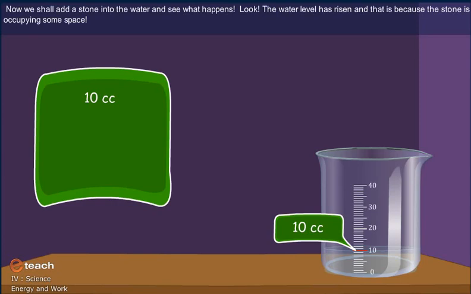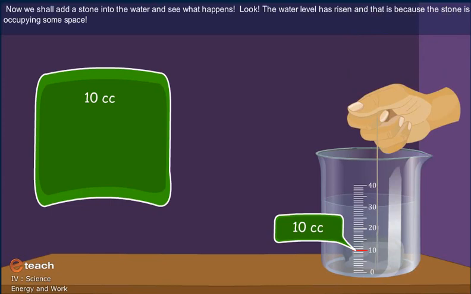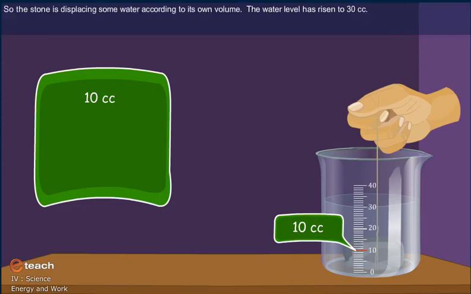Now, we shall add a stone into the water and see what happens. Look, the water level has risen, and that is because the stone is occupying some space. So, the stone is displacing some water according to its own volume.